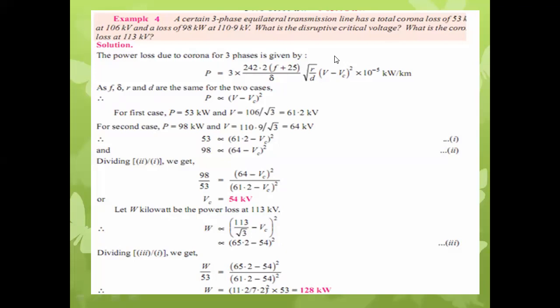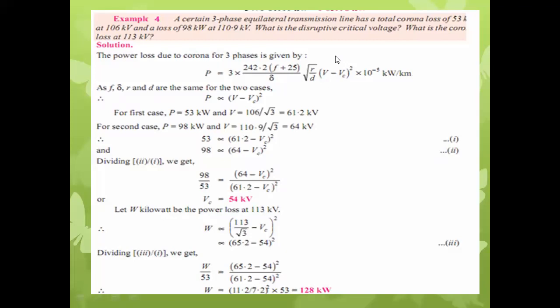Okay, rearrange these two terms. 98 into the denominator, 61.2 whole square minus 2 into 61.2 Vc plus Vc square, is equal to 53 into the bracket 64 square minus 2 into 64 into Vc plus Vc square.